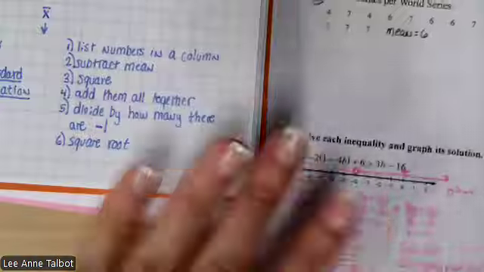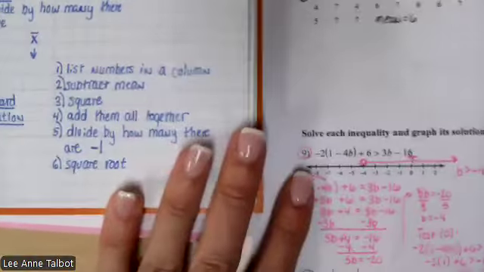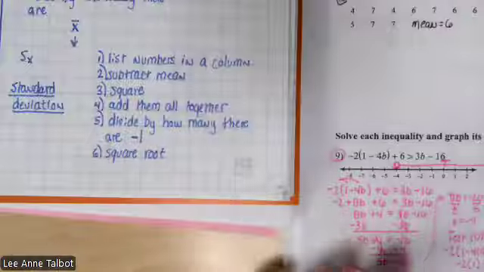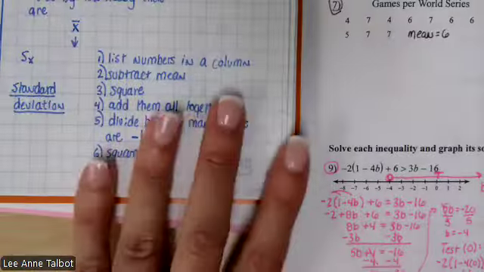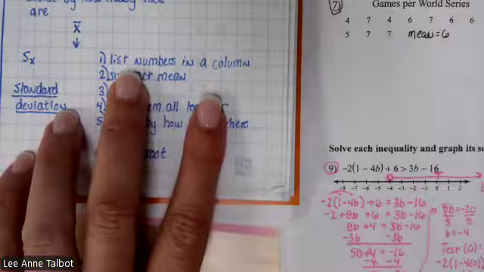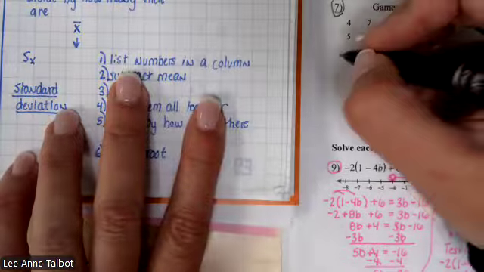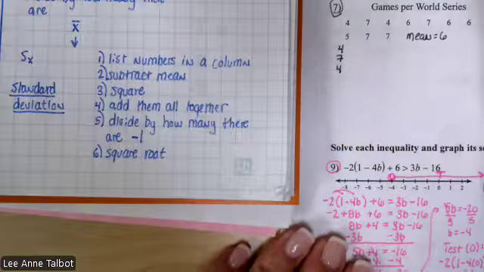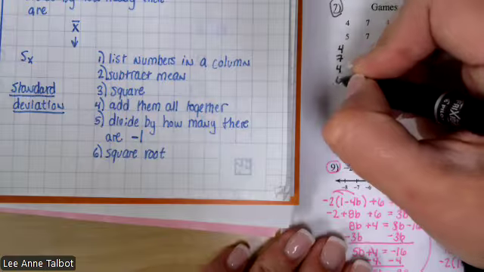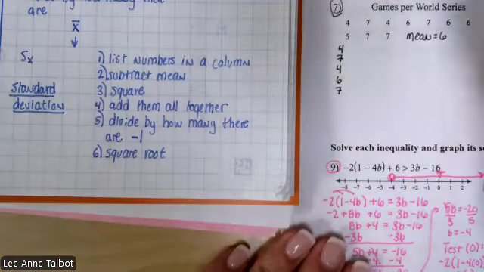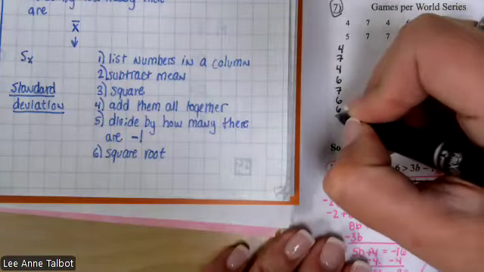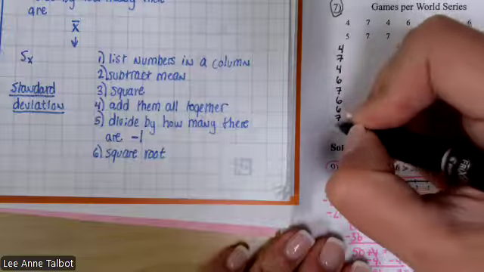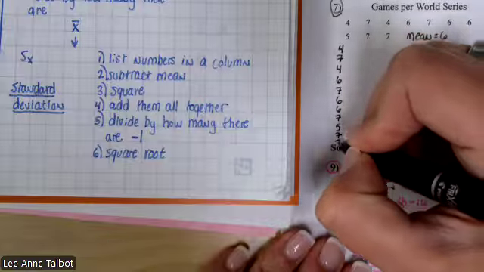I don't know how to show this without it being on YouTube. Okay. Step 1, list the numbers in a column. They do not need to be least to greatest. 4, 7, 4, 6, 7, 6, 6, 7, 5, 7, 7.